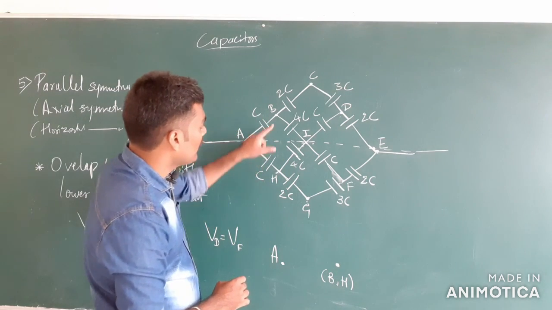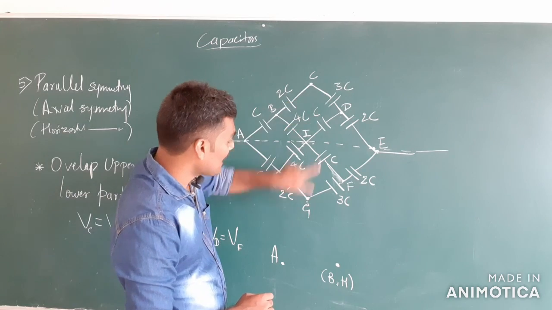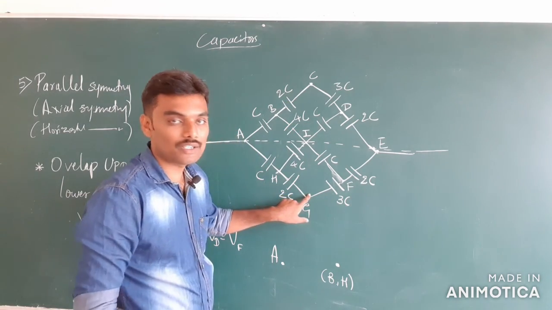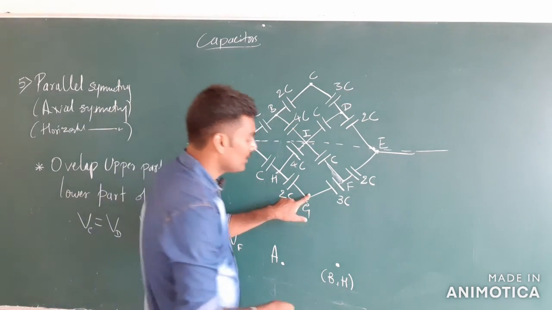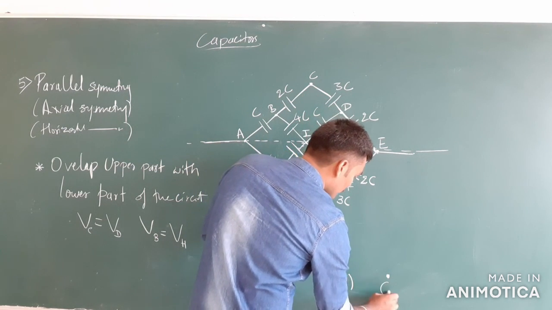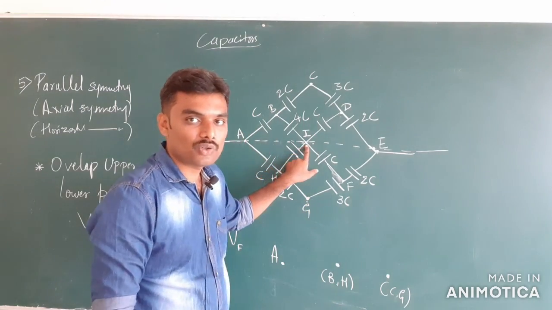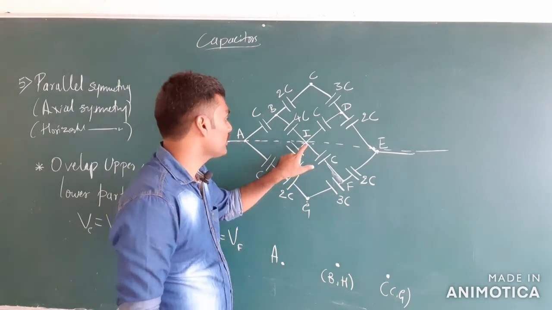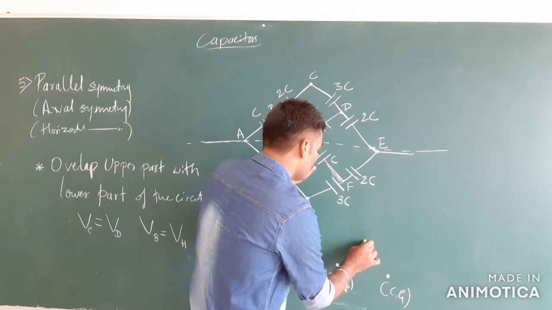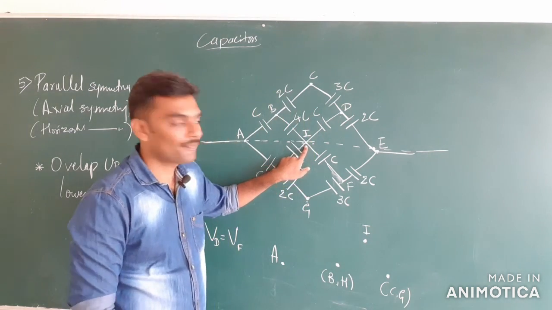And C and G together make a node, right? I is the point which does not overlap with any other point, so it's a single point which shall also be considered like this.